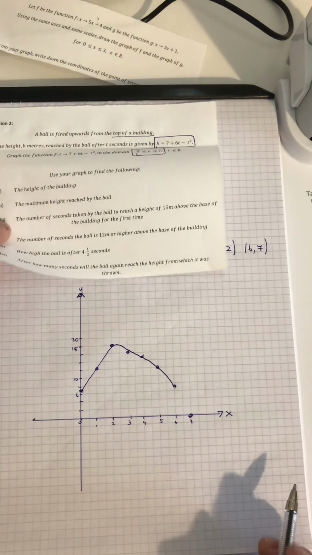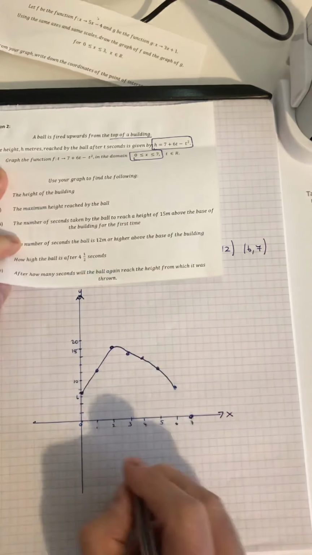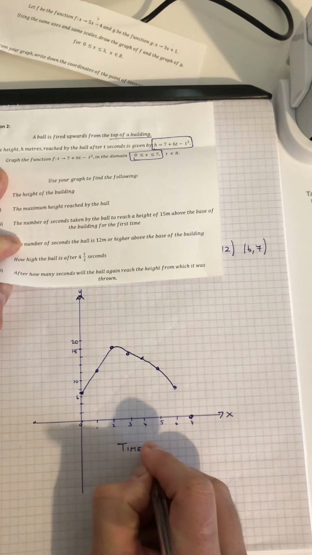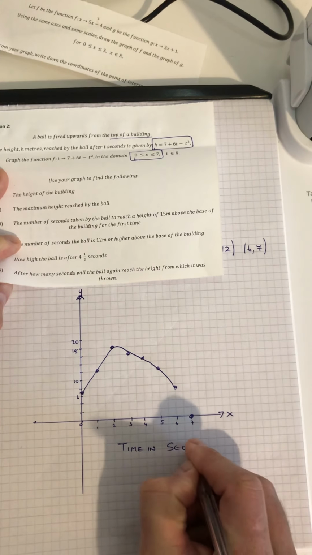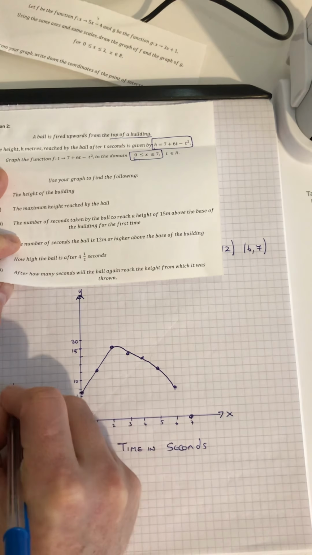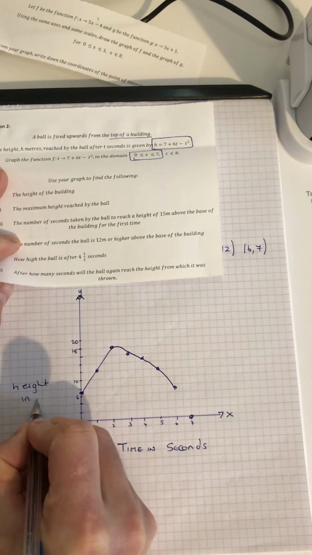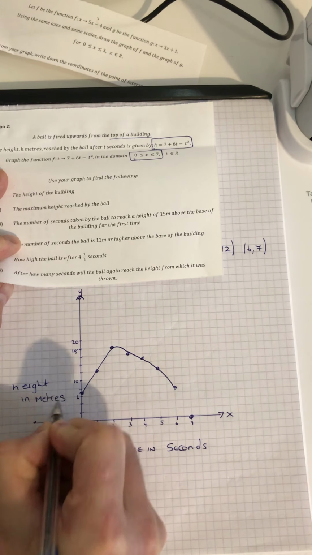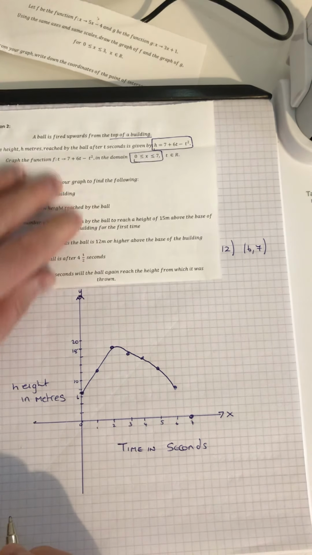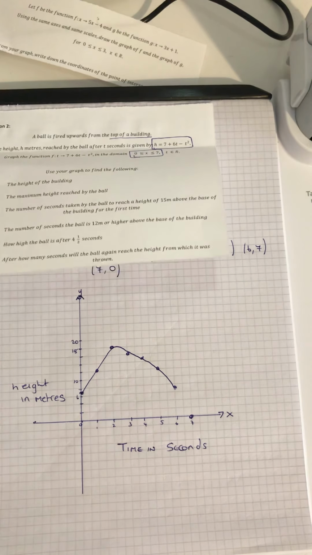It tells us in the question that t is the time in seconds, and the height h in meters is on the y-axis. So what's the height of the building?